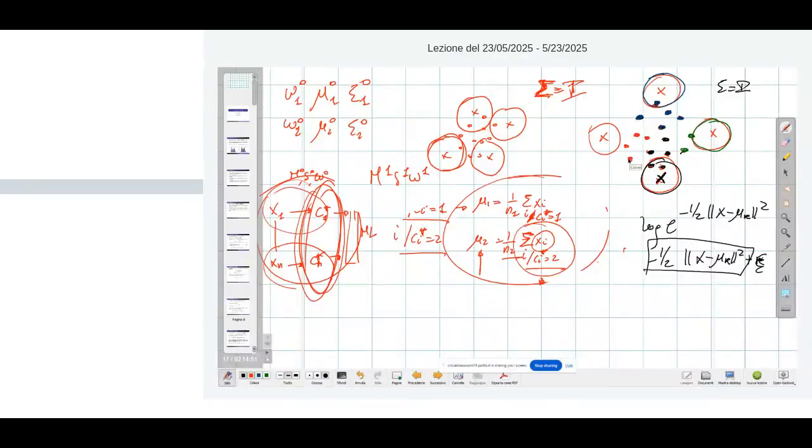Now, what happens if I try to find the mean of the new components? Where do they move? Well, the mean for the red moves here. The mean for the blue moves here. Still, the covariance is fixed to identity, so it's a component like this. The mean for the green moves here, and the mean for the black moves here. So we see that overall we have a better coverage of our training set.